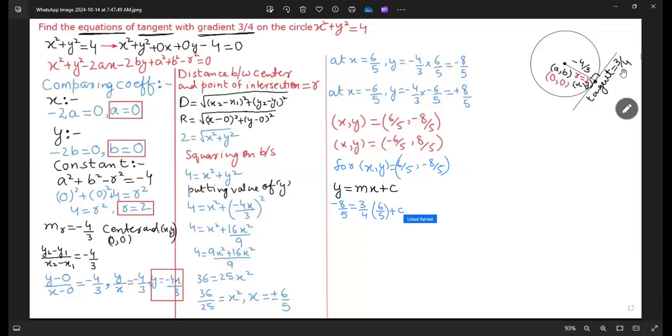So when I'm going to simplify it, what is going to happen? Minus 8 over 5 equals to 2 to the 4, 2 3 the 6. So it will be 9 over 10 plus c.